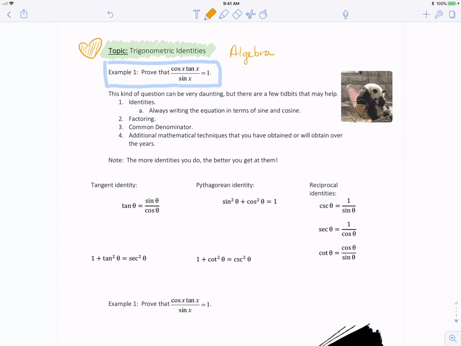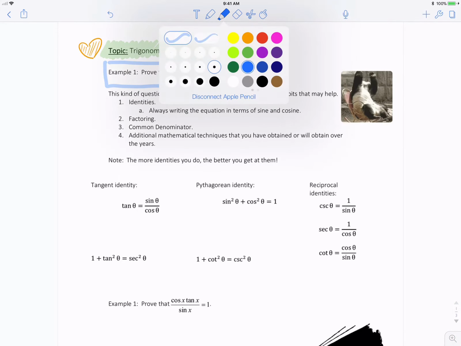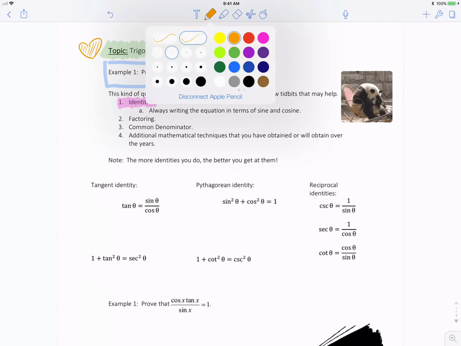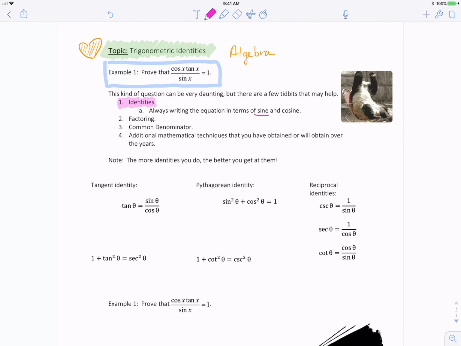The first thing we want to do is look to see what type of identities, we're going to learn what a few of these are, can help us to solve these equations. So we always want to make our identities and change them and write them only in terms of sine and cosine. So in that question above, I'd want to get rid of that tangent. The second thing I look to do is I always look to factor.